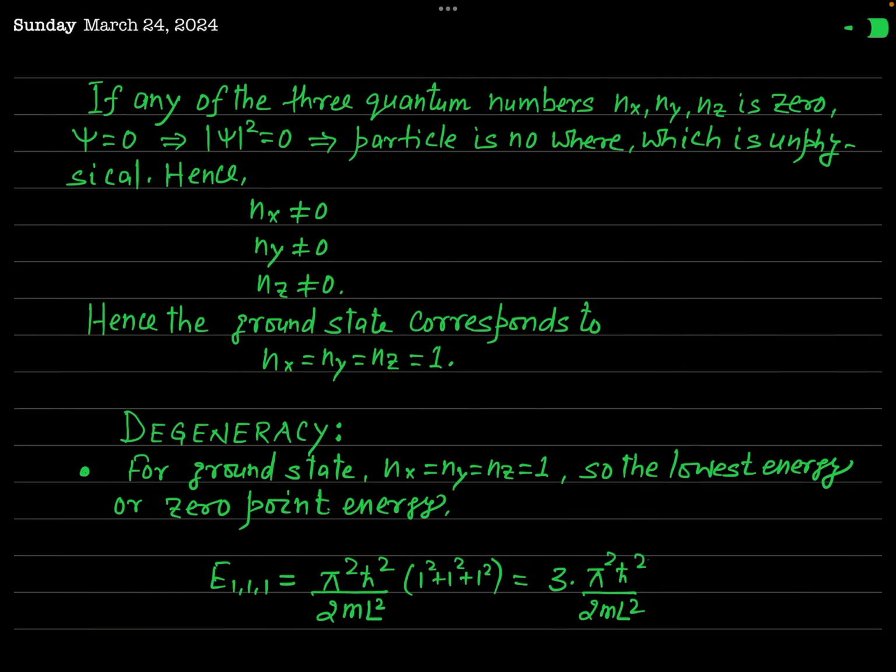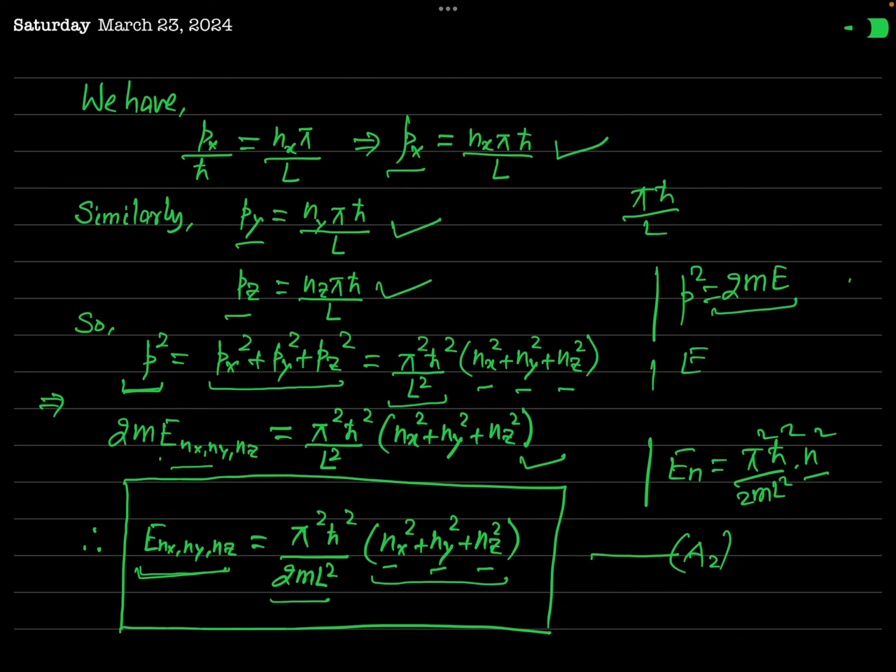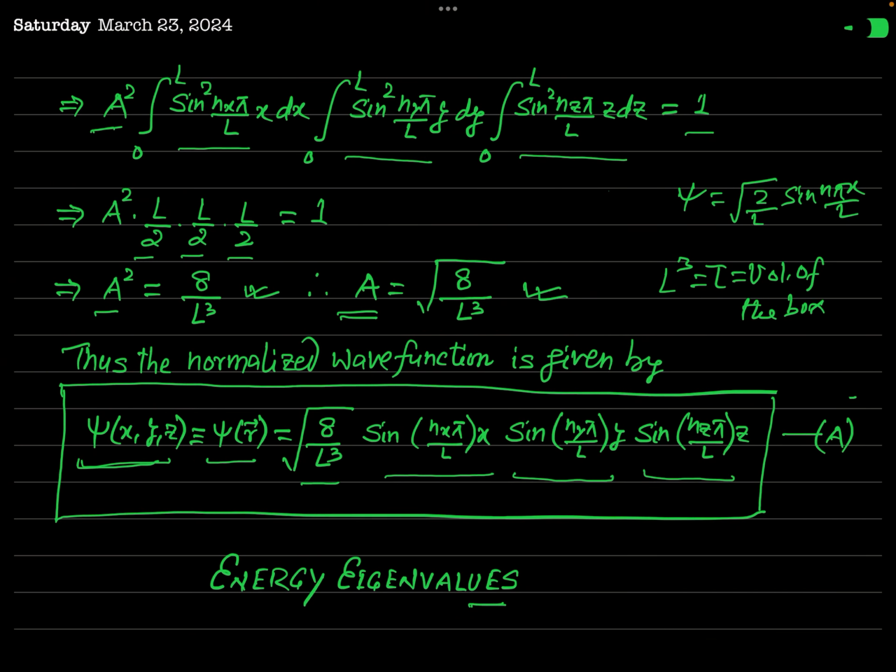Discrete values. Now, one thing you can see from this result A. If you take nx equal to 0, but ny is not equal to 0, nz is not equal to 0, then the first sine factor, sin nx pi x by Lx, will be sin 0, and sin 0 is 0, and due to that psi will be equal to 0.